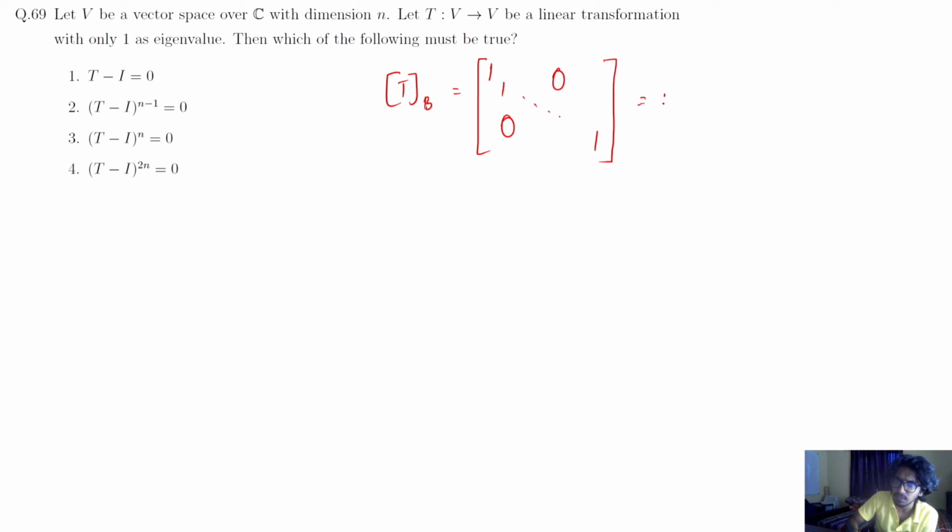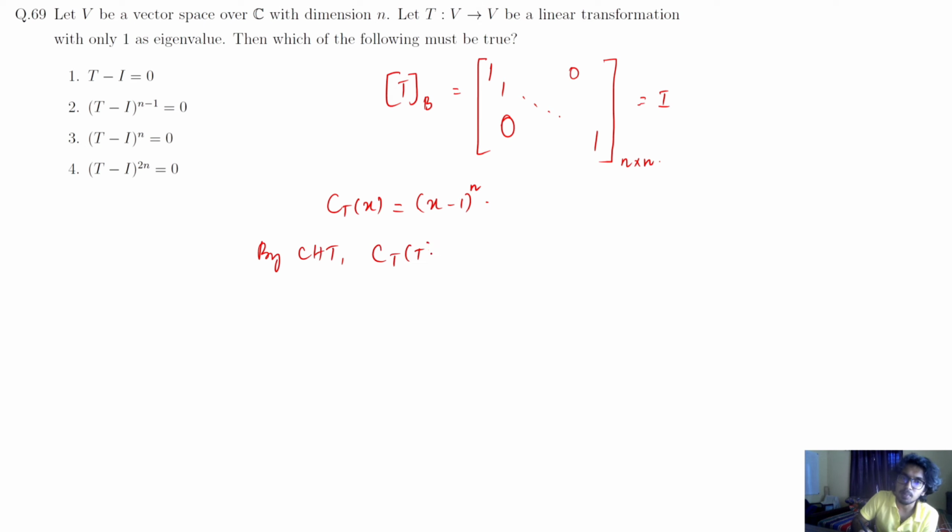Let this be an n by n matrix. Now let me have only 1 here and the rest entries 0. Actually, here they have given that with this information, only 1 is an eigenvalue. What is the characteristic polynomial of this T? That is (x minus 1) to the power n. So by the Cayley-Hamilton theorem, what do we get?